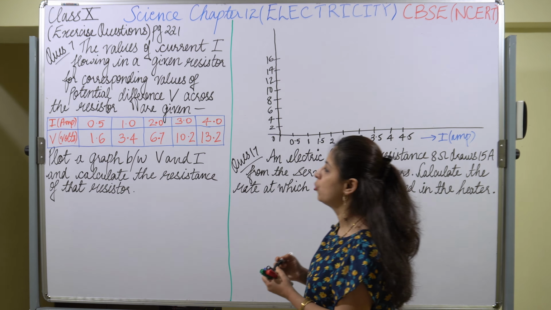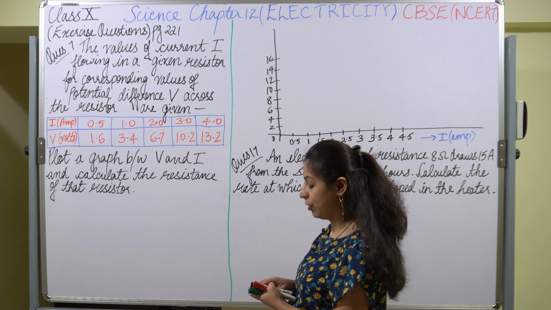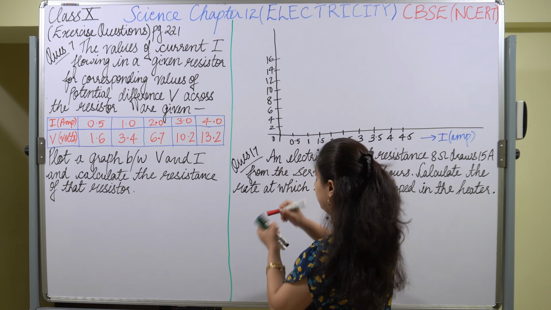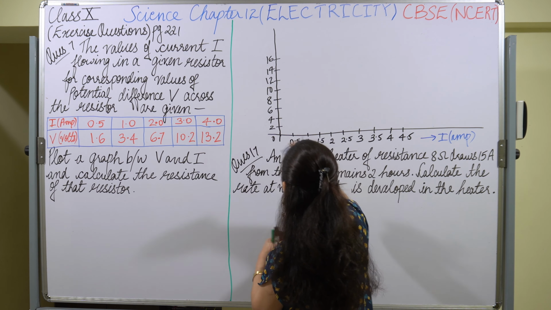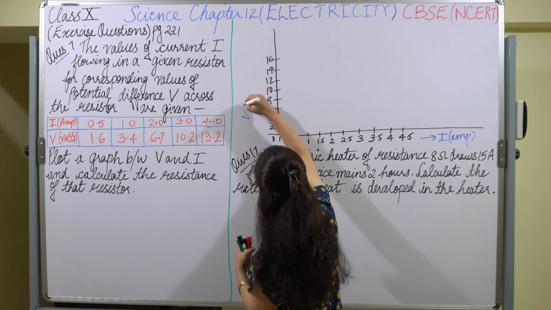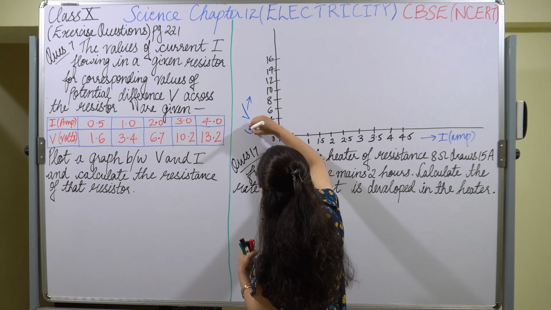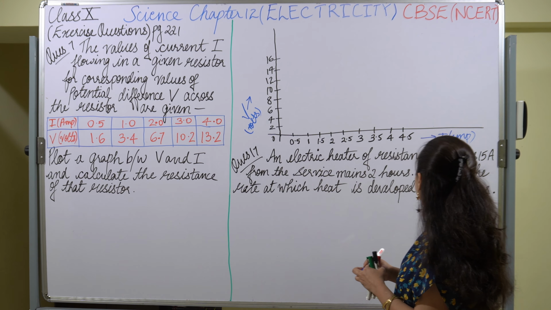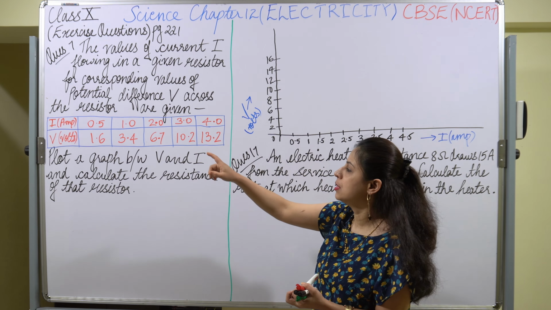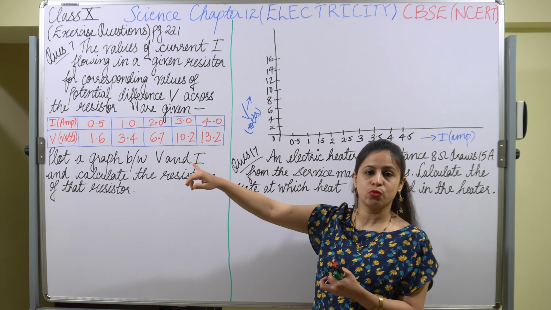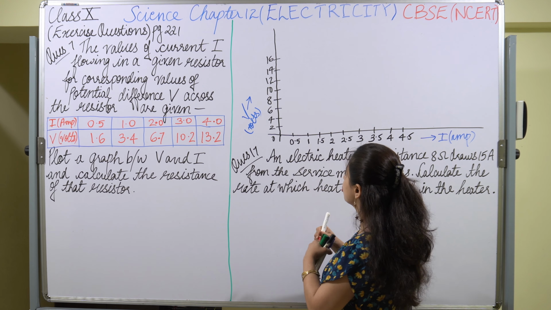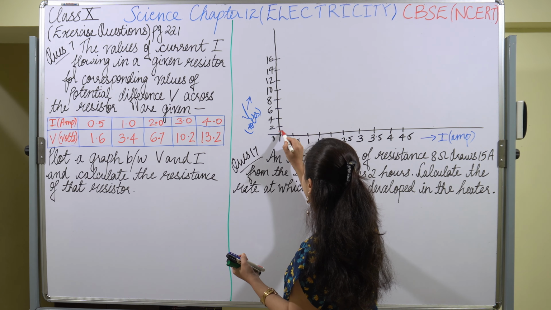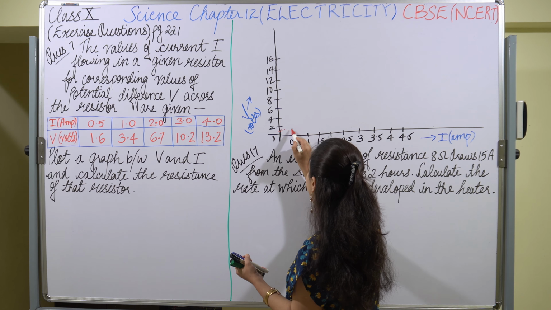So the first value given to us is 0.5 and 1.6. 0.5 is here, and this is our voltage in volts. So 0.5 is our current and voltage is 1.6. 0.5 is over here, and 1.6 would be somewhere here.